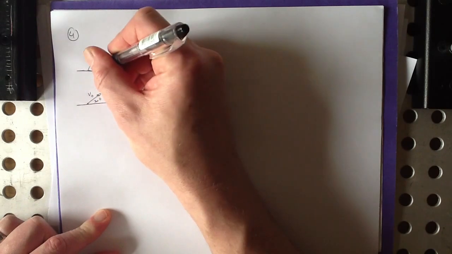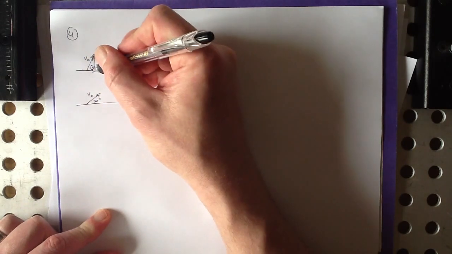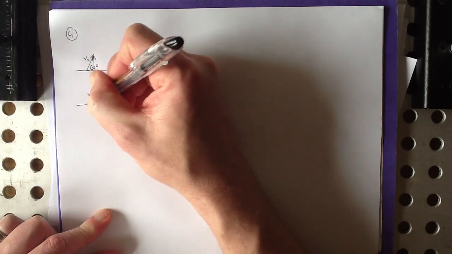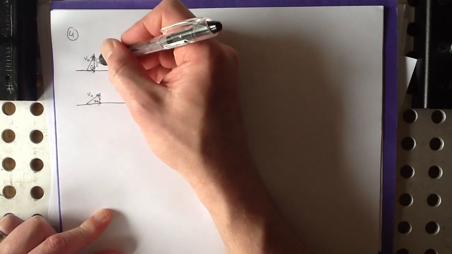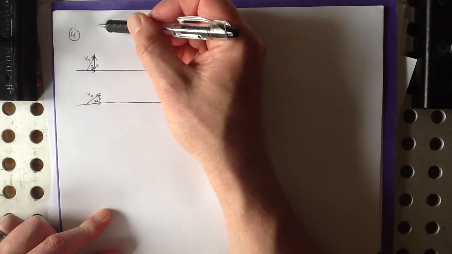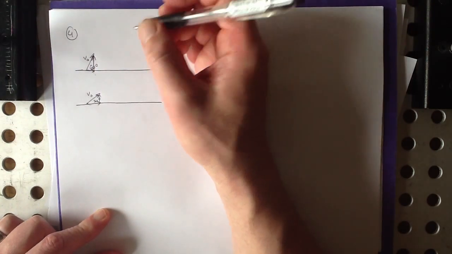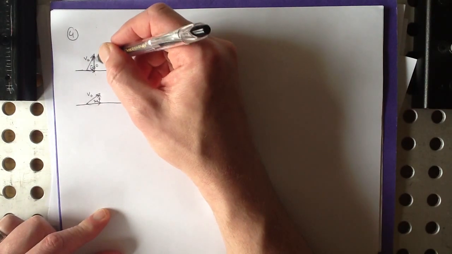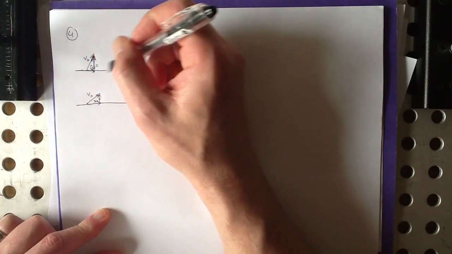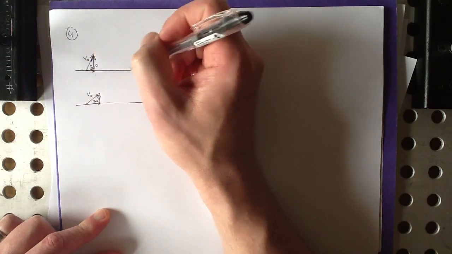So we broke that up into its two components. So the bigger this part is, the higher it will go, and the higher it goes, the longer it's in the air, right? They didn't ask anything about how far it would go. That would be a different question.